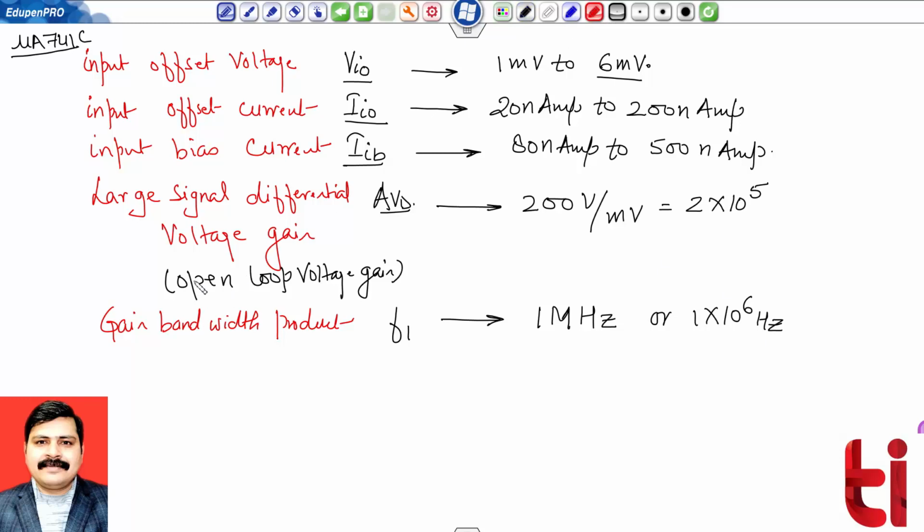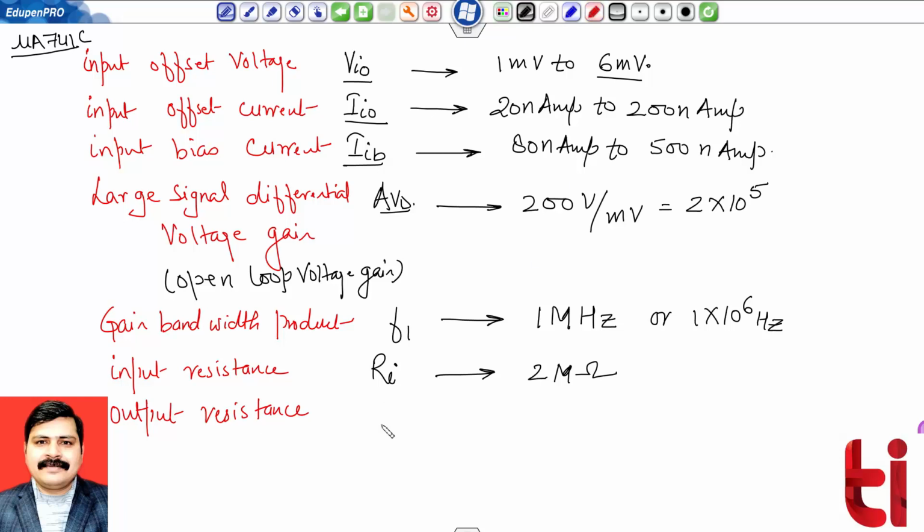The next parameter is input resistance, whose notation is Ri. The typical value for this IC is 2 megaohm. The next component is output resistance, and a typical value of output resistance for this IC is 75 ohms.